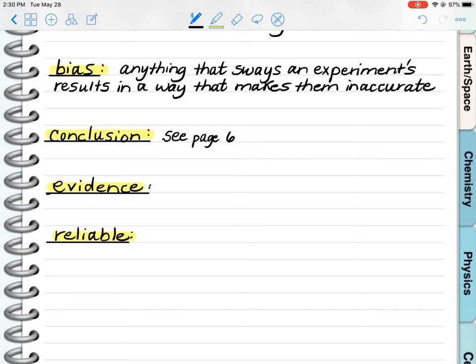Okay, evidence. I told you that I have a background in forensic science, so this one is dear to my heart. Evidence is information that supports or refutes a hypothesis.